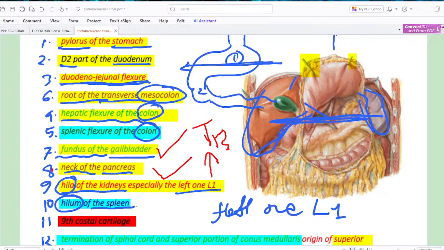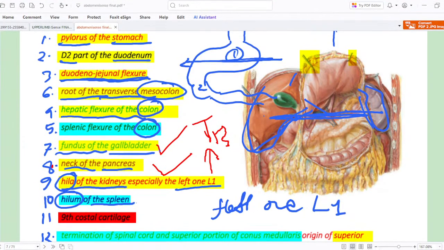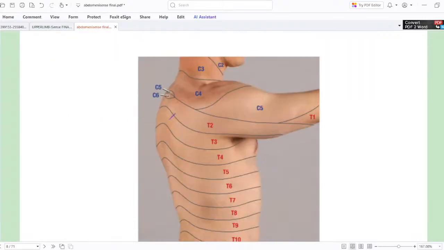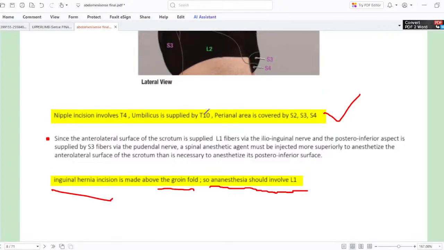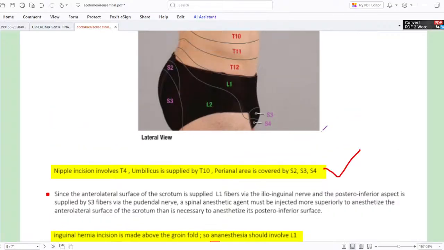And cisterna chyli. Now, splenic veins join the mesenteric vein to form the portal vein. T10.